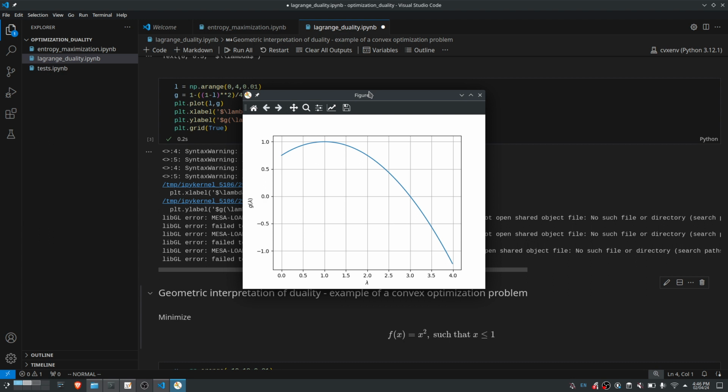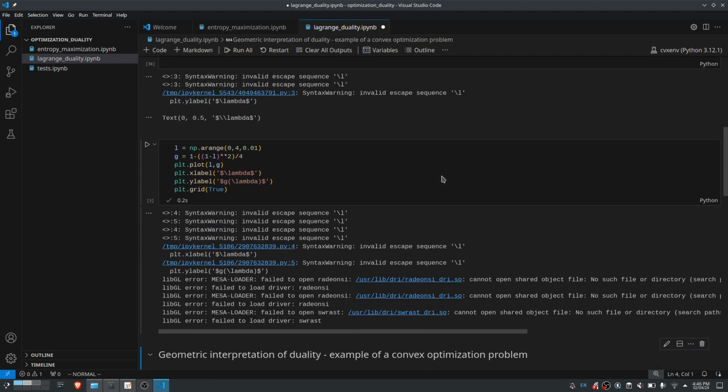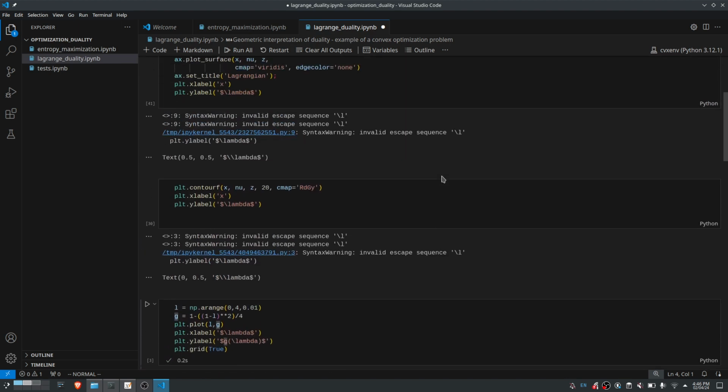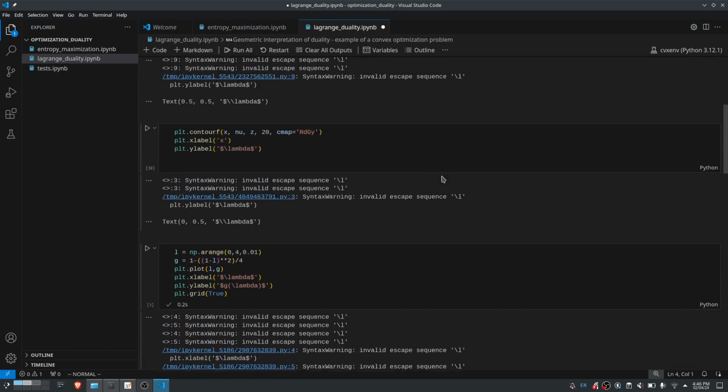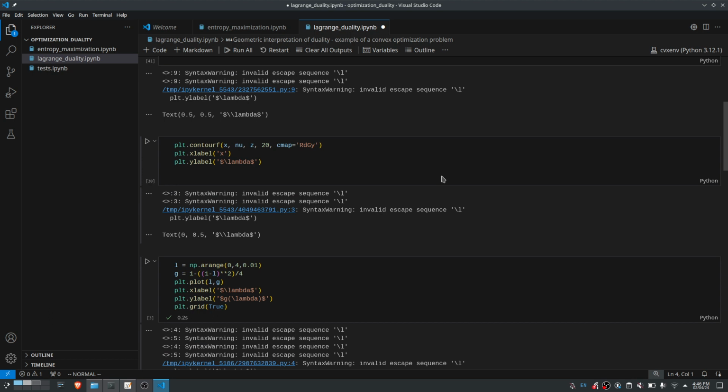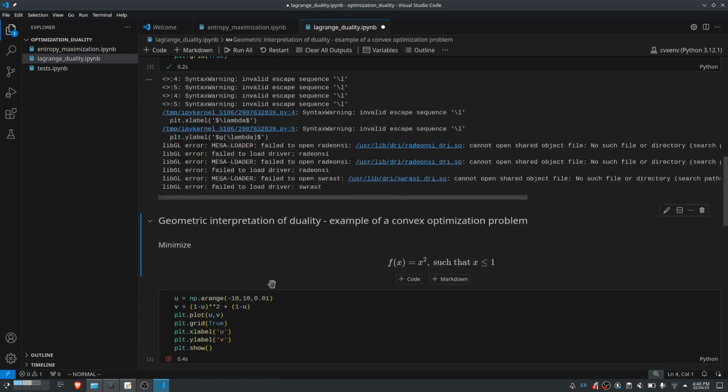It's just a quadratic, whatever u versus this particular thing. So that's not what I wanted.